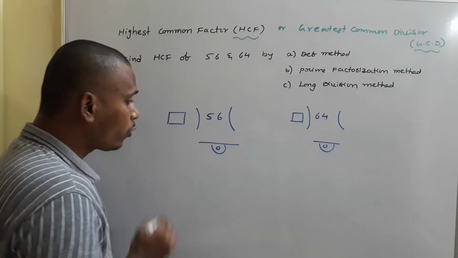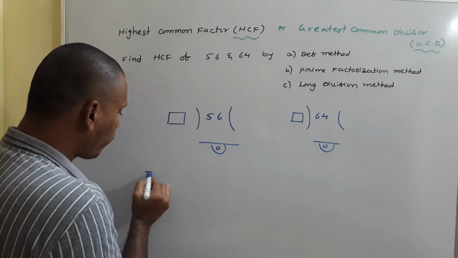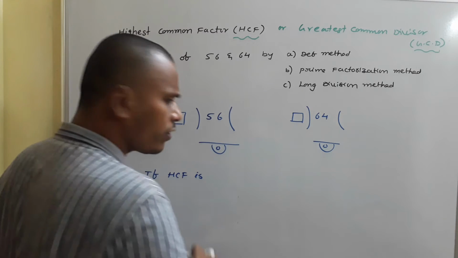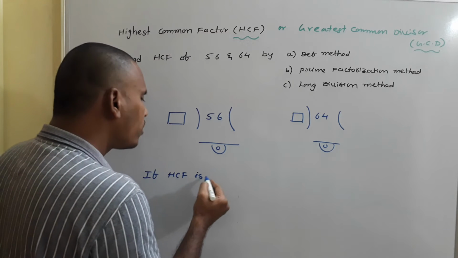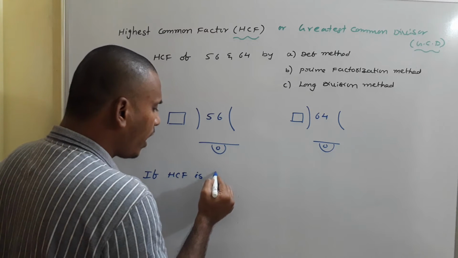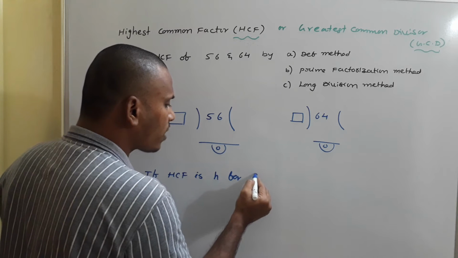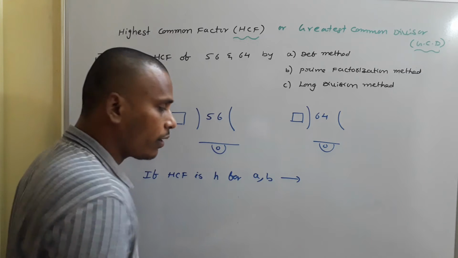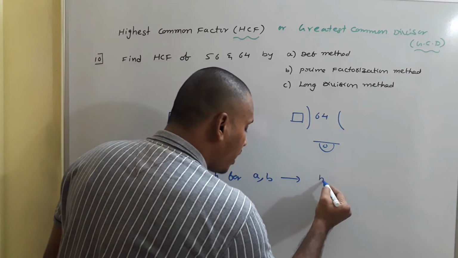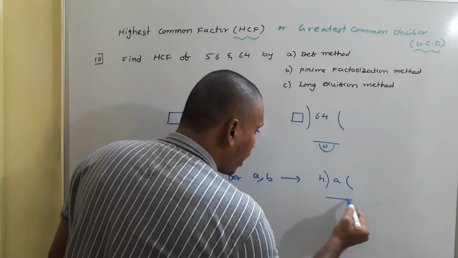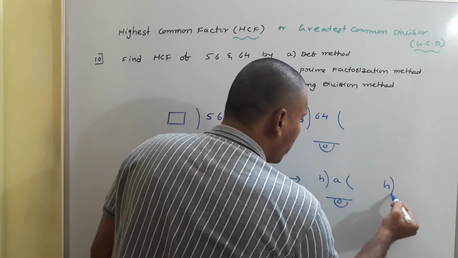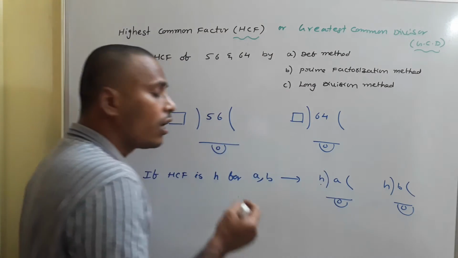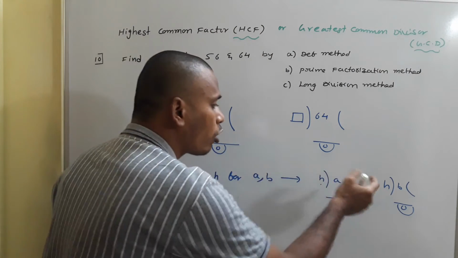Okay, what I am going to tell you is, suppose HCF is H for A comma B, for two numbers A, B. If H is the HCF of A and B, then for sure H divides A with a remainder of 0 and H divides B with a remainder of 0, and this H is the largest number with this particular property.